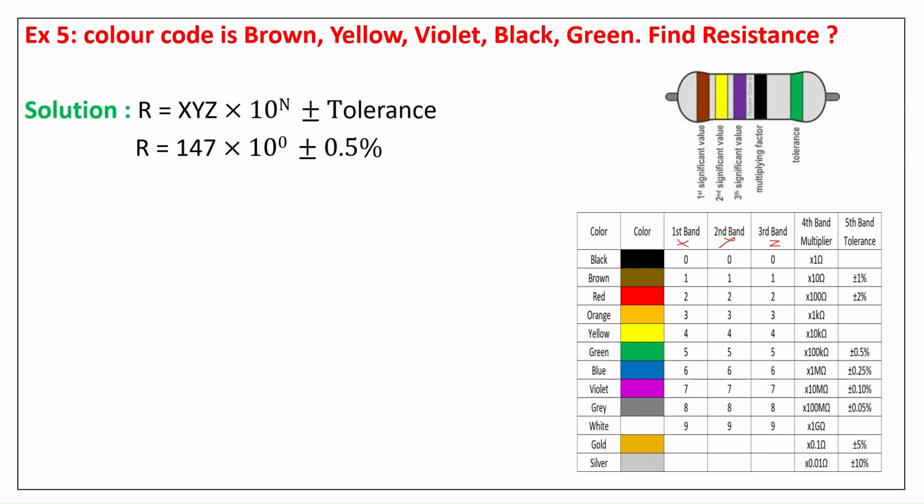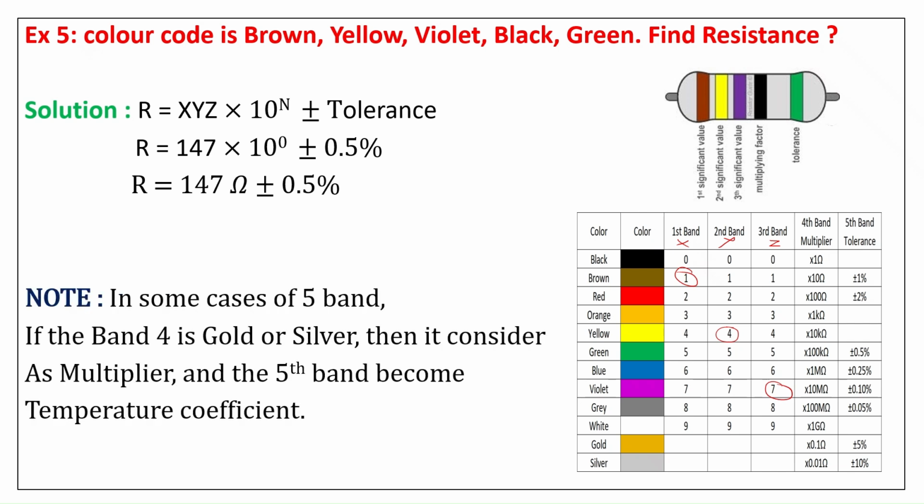So, R is equal to 147 into 10 to the power 0 plus or minus 0.5%. So we can also write R is equal to 147 ohm with tolerance of plus or minus 0.5%. Note: in some cases of 5-band, if band 4 is gold or silver, then it is considered as the multiplier and the 5th band becomes the temperature coefficient.